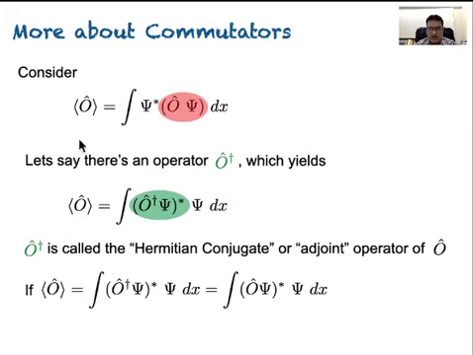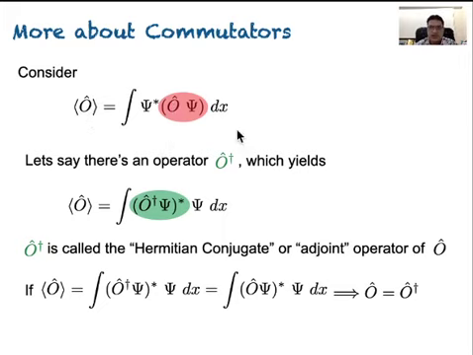So because this side and this side are the same, I can say that this value and this value are also the same. And moreover, if it is a self-adjoint, or my Hermitian conjugate from the previous slide, then O dagger will be O. So I have an operator O whose expectation value is defined this way.